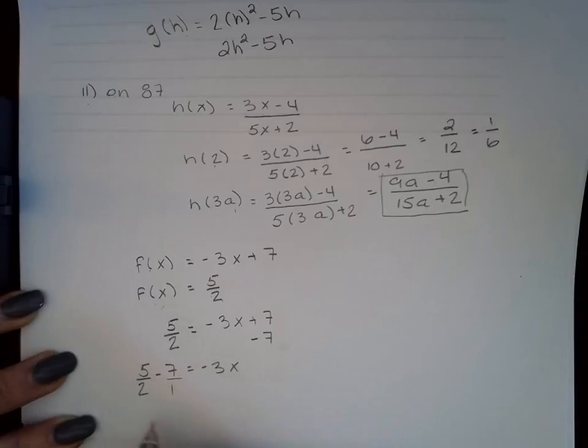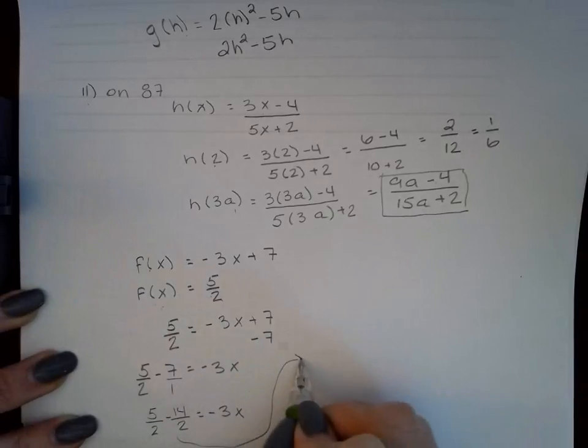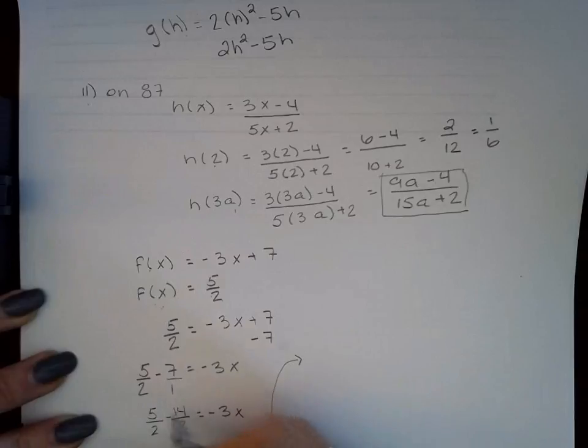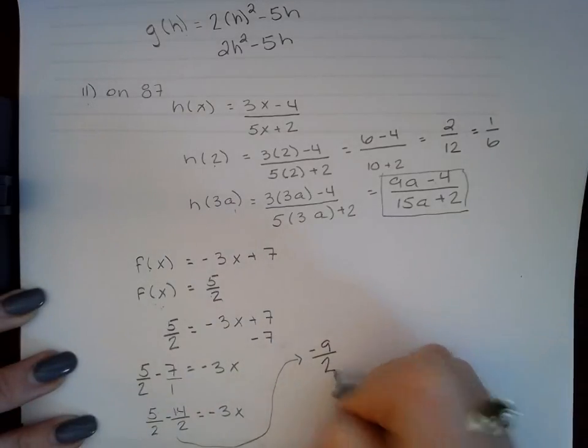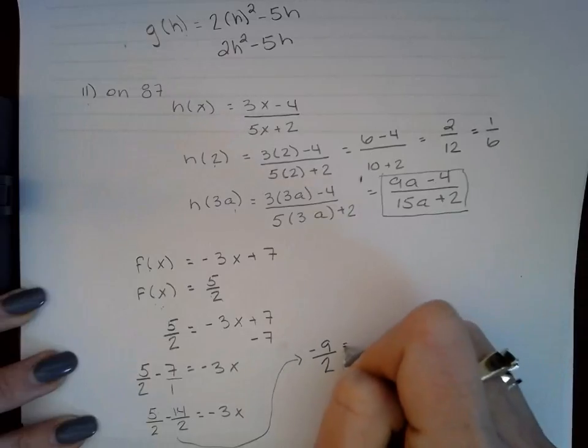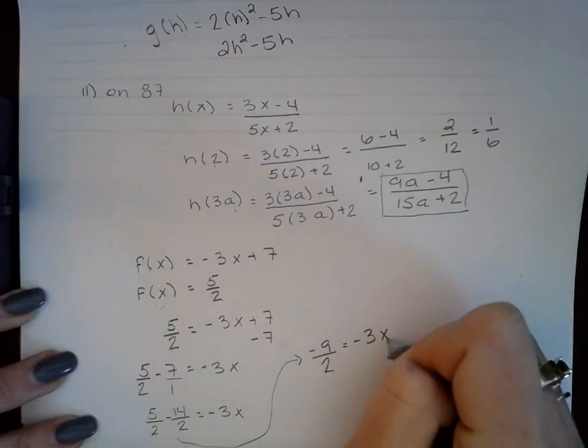A common denominator would be 2, so I can have 5 over 2 minus 14 over 2 is equal to negative 3x. And I'm just coming along over here. 5 minus 14 is negative 9. The denominator stays. Negative 9 halves is equal to negative 3x.